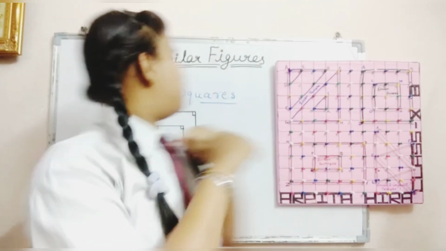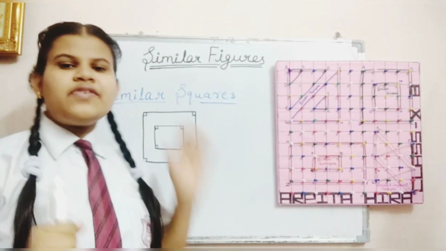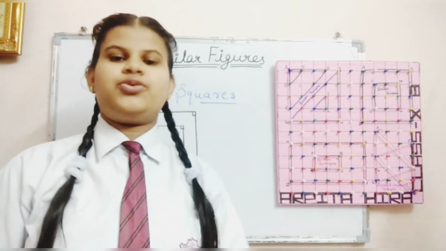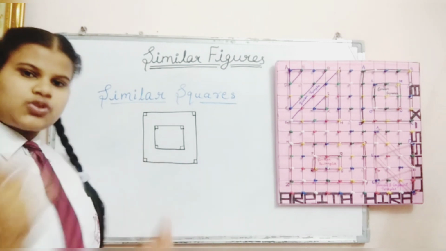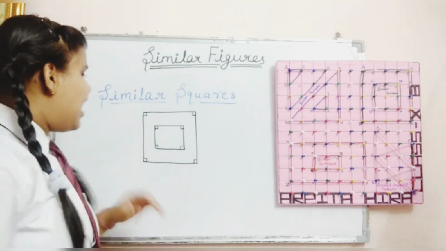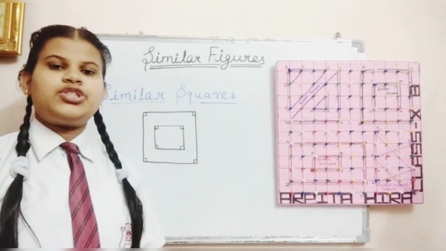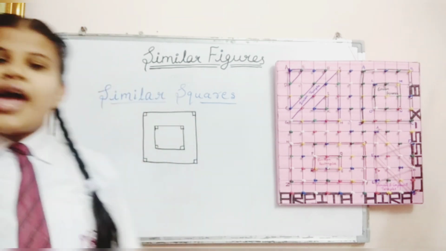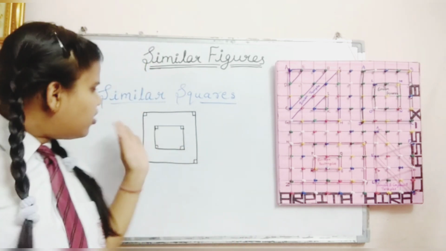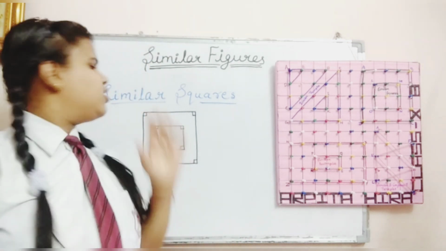Now next look upon similar squares. We've discussed about similar squares in the beginning of this video also. Now let's do it again. Similar squares are the squares which have their corresponding angles equal and their corresponding sides proportional. All the squares in this universe are similar because we all know that all the angles of a square are 90 degree.